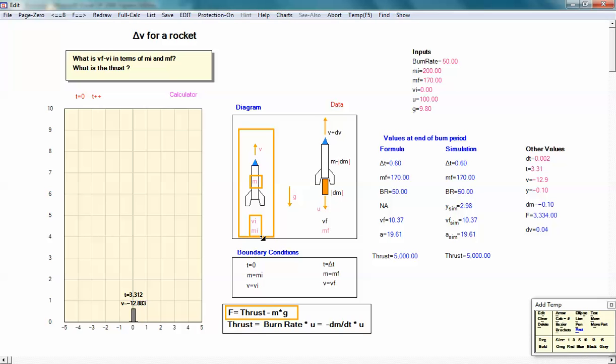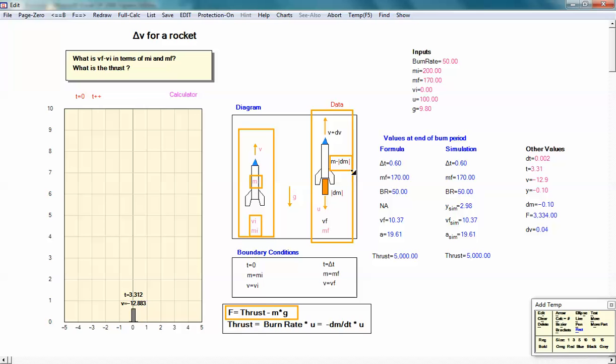Now, after some period of time, a small interval of time, which we'll call dt, the picture has changed. Our mass of the rocket fuel complex has gone down because we've burned some fuel. And this absolute value of dm, that's what the little bars stand for, absolute value.